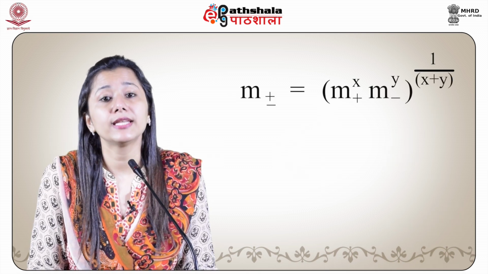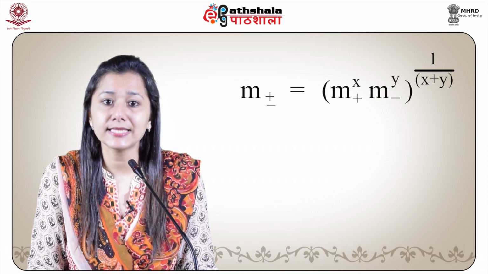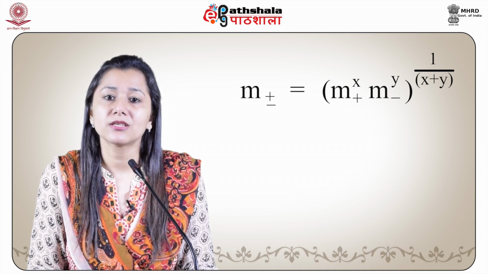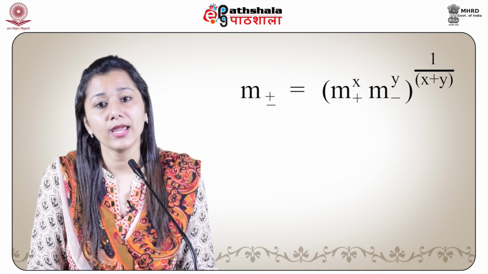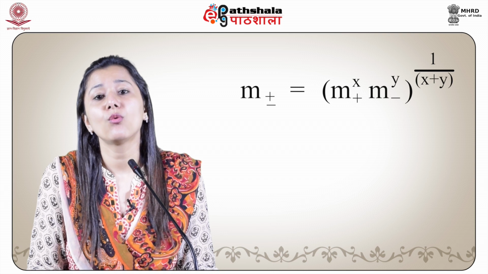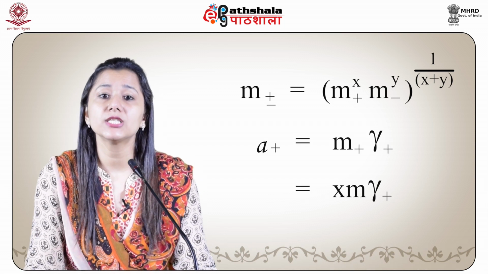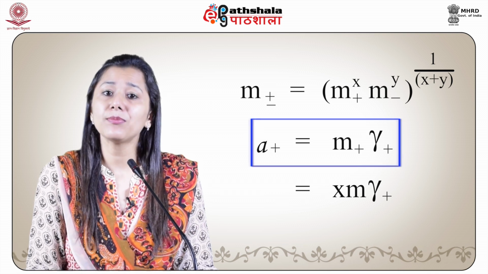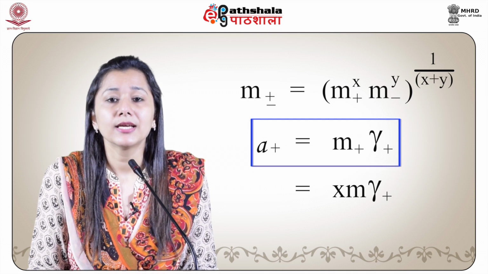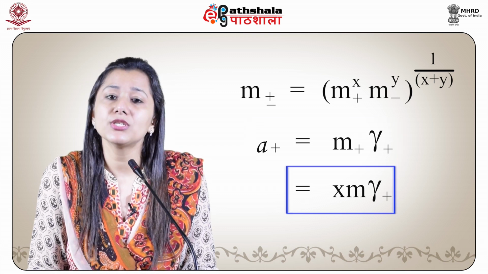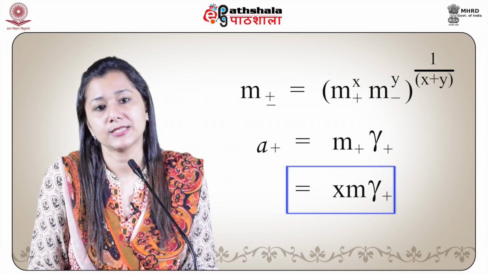We also define mean ionic molality M± as equal to M+ raised to power x into M- raised to power y, raised to the whole power of 1 upon x plus y. The individual activity of the cation A+ can be written as A+ is equal to M+ into gamma+, which is equivalent to x into molality into gamma+.